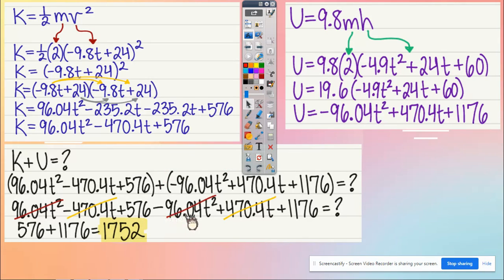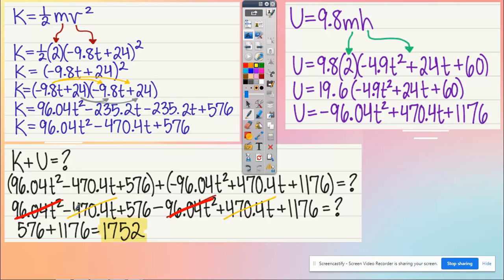And that way you can see that the negative 96.04 t squared stayed the same. So did the positive 470.4 t and the 1,176. Then from here, reading it from left to right, you have to combine like terms. I know I already crossed these out, but just to show you, this was a positive 96.04 t squared, and it happened to cancel with the negative version of itself.